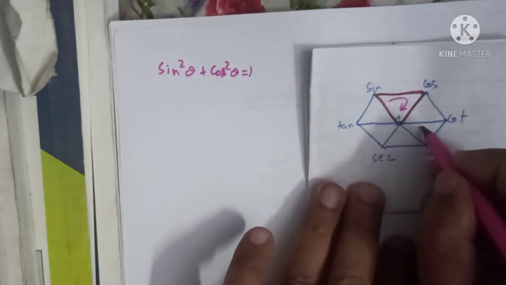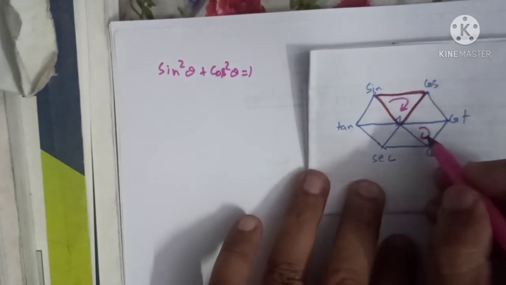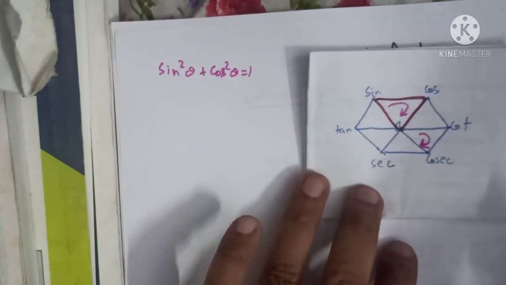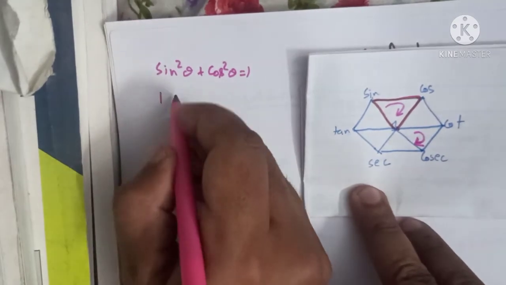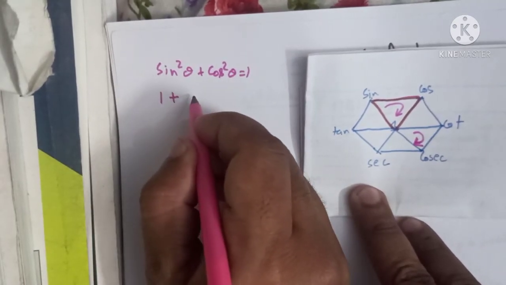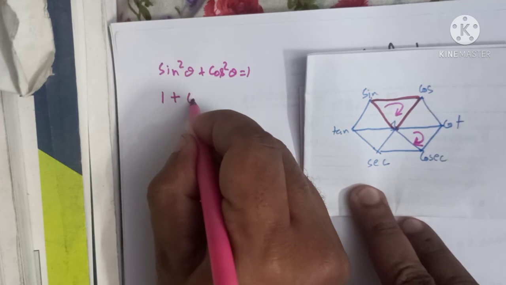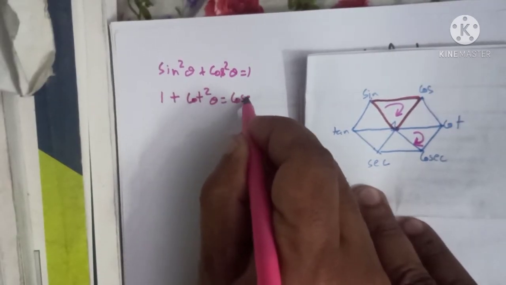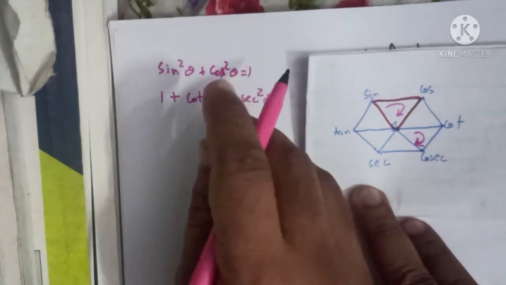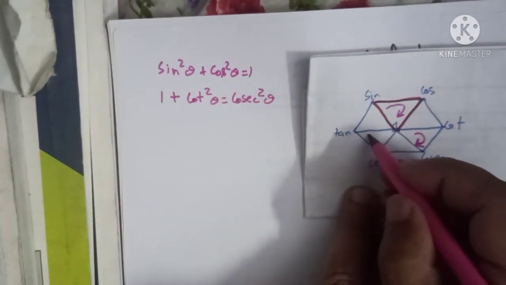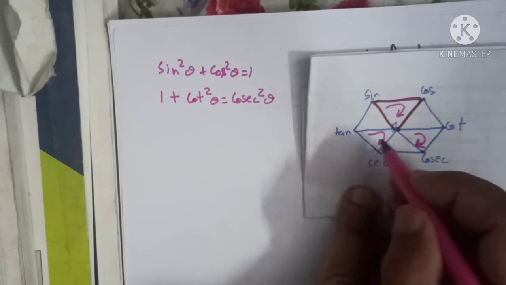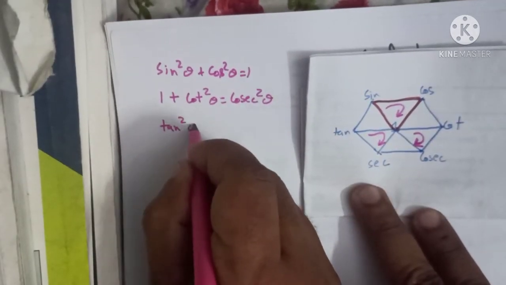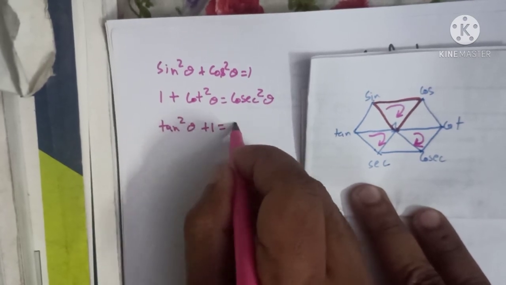In the second identity, 1 plus cot square theta is equal to cosec square theta, and the third one is tan square theta plus 1 is equal to sec square theta.